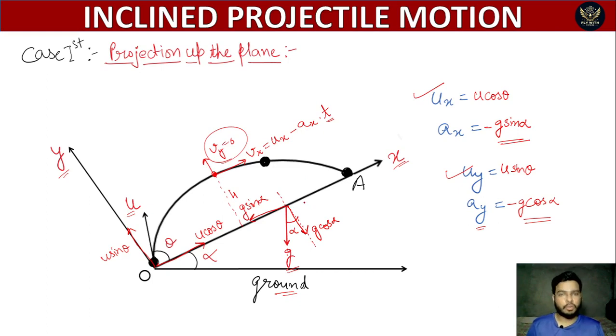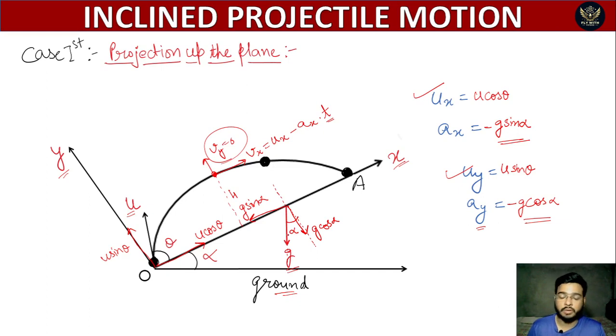See how to resolve. First of all, take a normal to the surface. This is the normal here, and we see that this angle is also alpha.